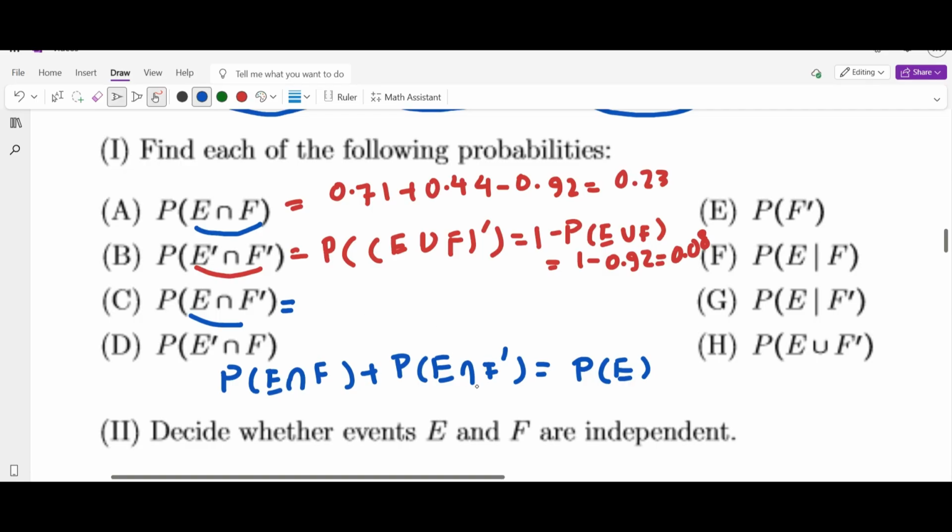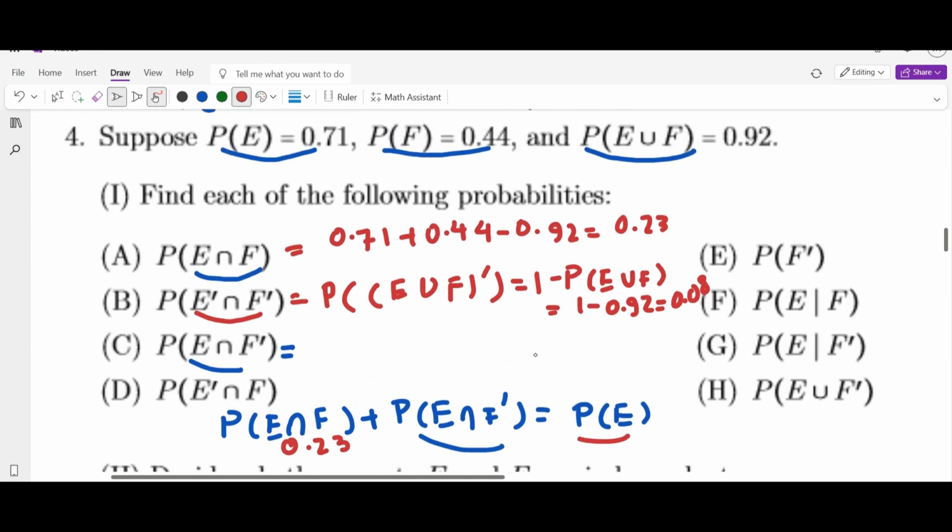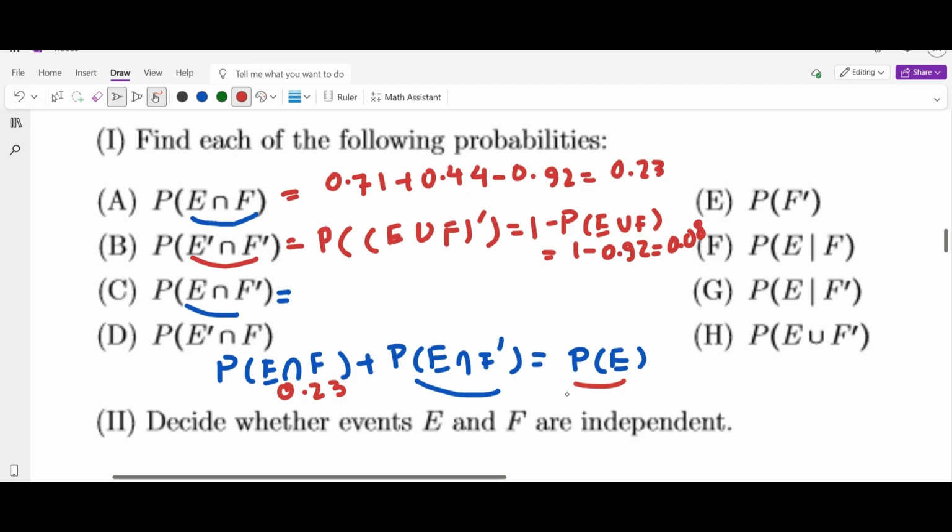I can actually solve for this one while I have the other two values. This was 0.23, and that other one is 0.71. So the answer is 0.71 minus 0.23, and that is equal to 0.48.